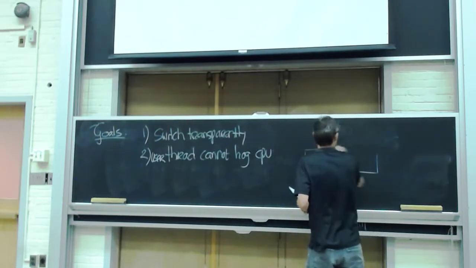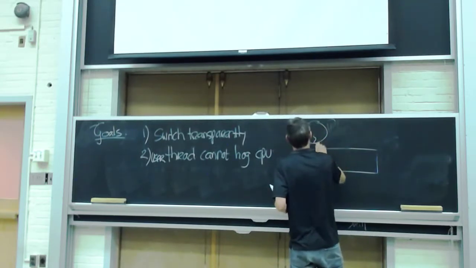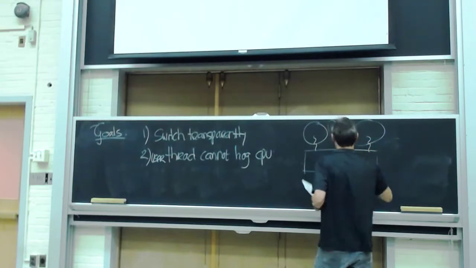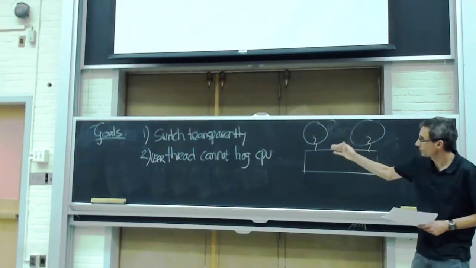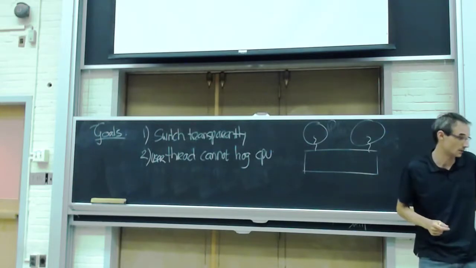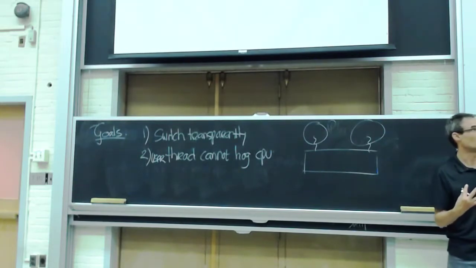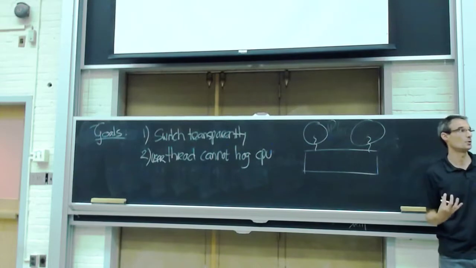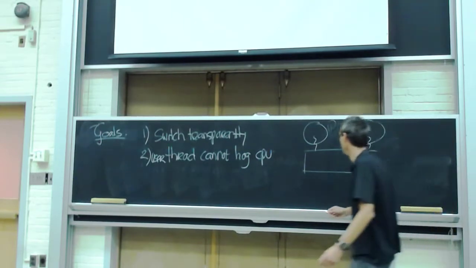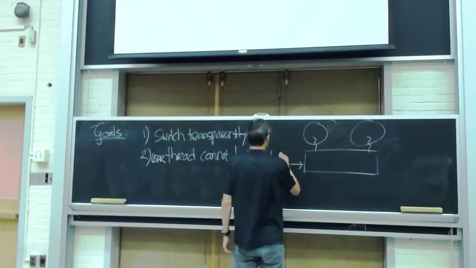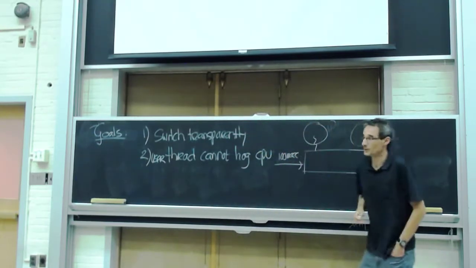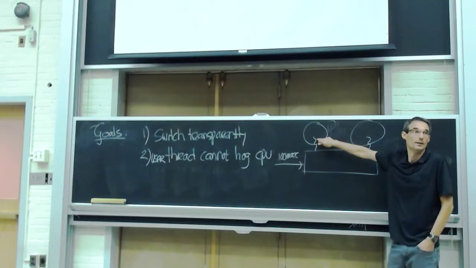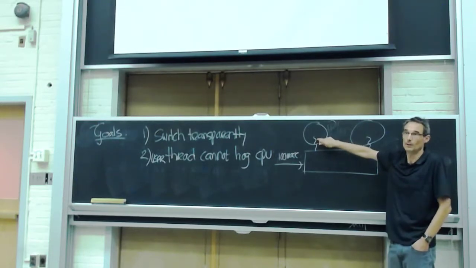We've got our application thread, we've got our other application thread, and to make sure that it's transparent and that the thread cannot hog the CPU, we're going to set up the timer chip. We've seen it before. We're just going to generate a clock interrupt every, say, 100 milliseconds. So let's say this particular user level thread is in an infinite loop. What will happen is the timer interrupt will go off.